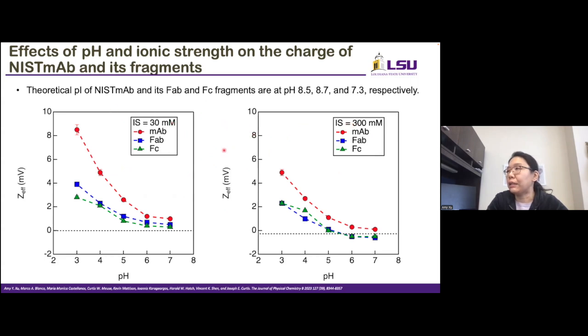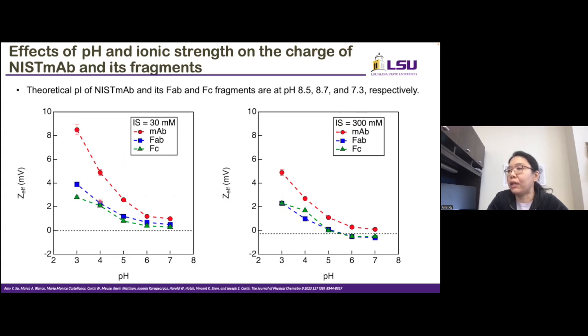Compared to the 30 millimolar case, the charge measured from the whole mAb as well as its fragments shows a decreased apparent charge, which is not surprising considering the charge screening effect.